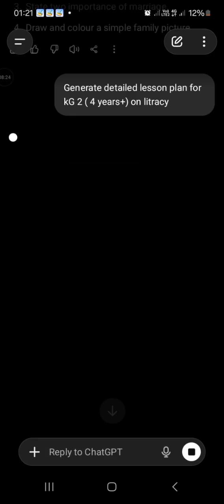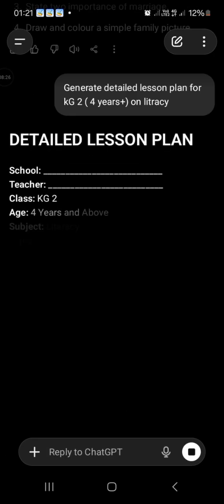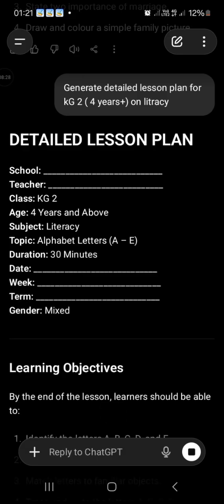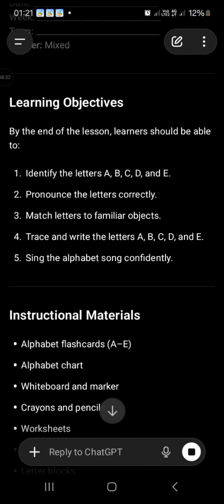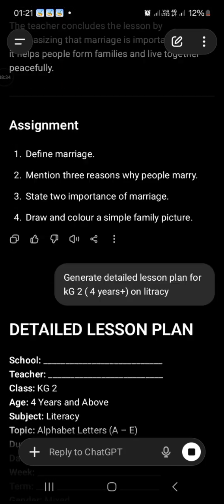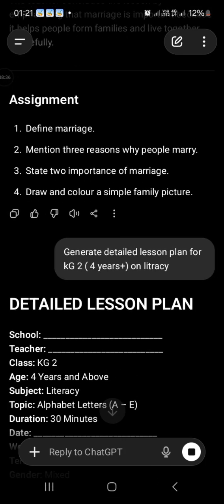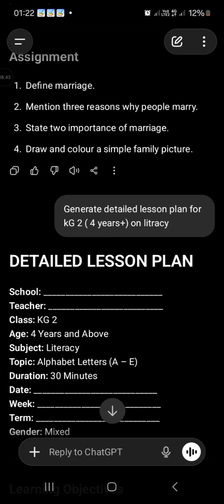Let's see what AI will give to us. You can see it. So you can see that this lesson plan is not specific because we didn't include the topic.